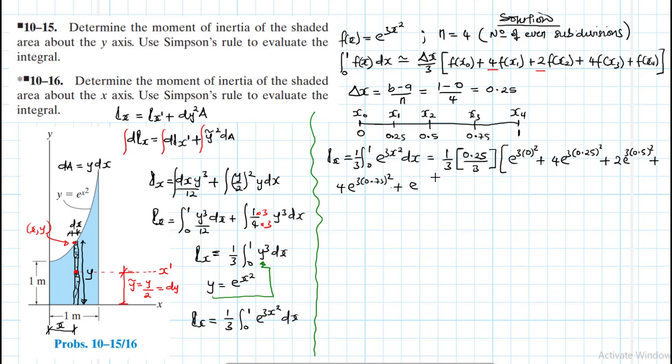The last term also has no coefficient. So the first and last terms have nothing, but the terms in between are 4 2 4 2 and so on, depending on the value of n, which is supposed to be even. Then we close the bracket.